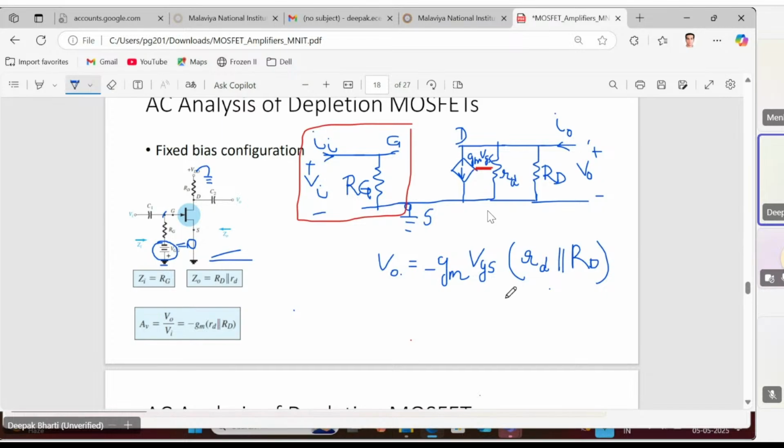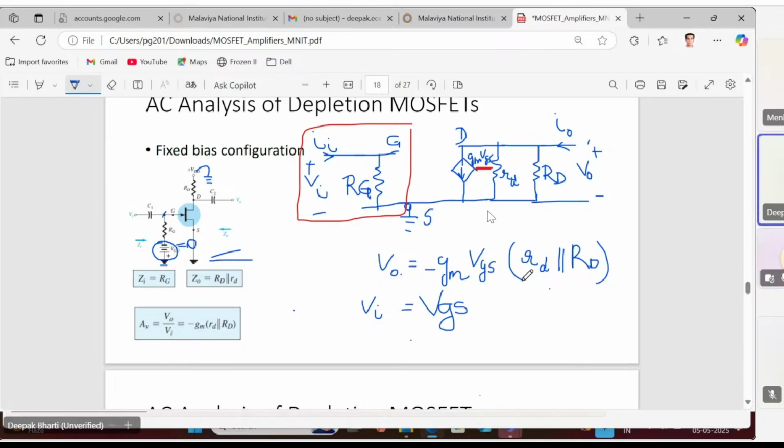Now what is Vi in the circuit? If you notice, Vi is equal to what? It is VGS itself. Okay, if you do so, then take the ratio, divide both sides. So what will you get?